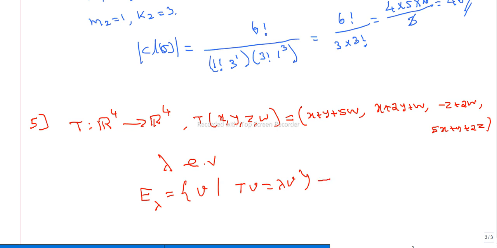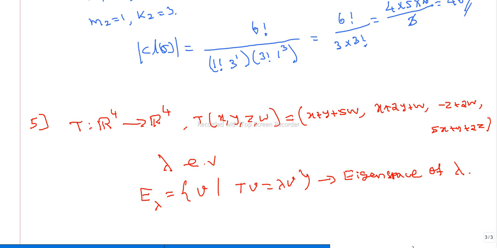This forms a space, called the eigenspace of lambda, because we fix lambda. But the question is just asking for eigenspace of T. That is not a correct thing, maybe they missed something. Okay, we move to the next problem.